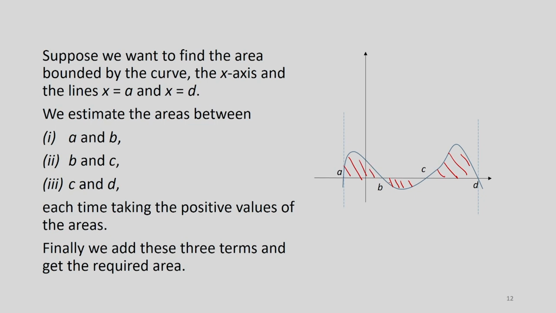Suppose we want to find the area bounded by the curve, the x-axis and the lines x is equal to a and x is equal to d. So, here is x is equal to a and here is x is equal to d, right. You want to find out what is the area enclosed by the function with the x-axis, that is the area between the function and the x-axis, and that is the vertical stretch.